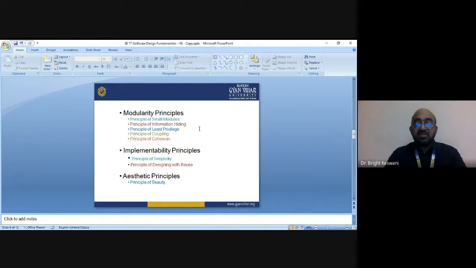The implementability principle helps achieve overall design economy by providing criteria for judging whether a design can be built as easily, cheaply, and quickly as possible. So there are two implementability related principles. First is the principle of simplicity and second is the principle of designing with reuse.